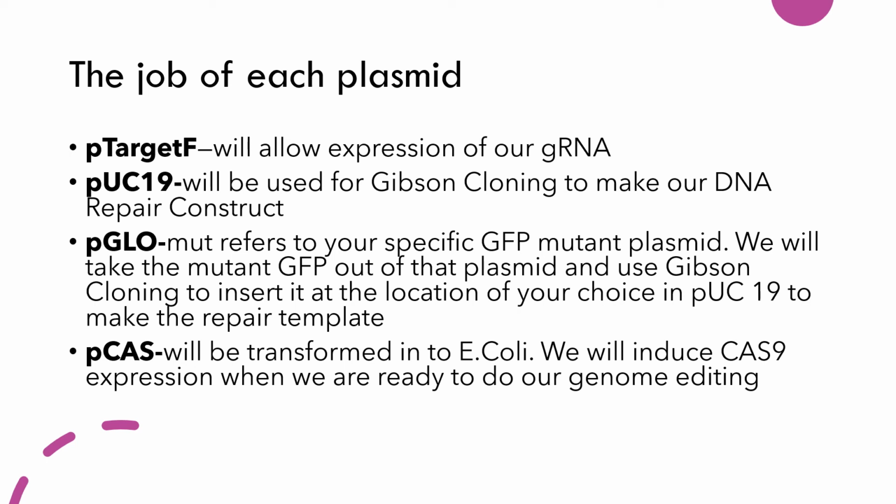So p-target-F allows the expression of our guide RNA in conjunction with the scaffold RNA, right? Remember there's that extra little section on it called scaffold. So remember, what we needed to do is put our little LacZ strip in there, and then the rest of the target plasmid allows for the expression of that little extra bit of RNA that has to interact with Cas9.